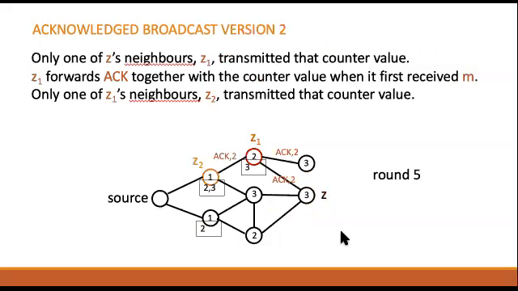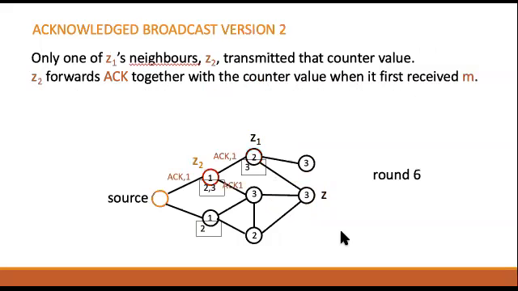In round 5, Z1 transmits an acknowledgement together with 2, the counter value when it first received M. All of Z1's neighbors receive this message, but only one of them, Z2, had transmitted a message with counter value 2. Finally, in round 6, Z2 transmits an acknowledgement together with 1, the counter value when it first received M. All of Z2's neighbors receive this message, including the source, completing the acknowledged broadcast.